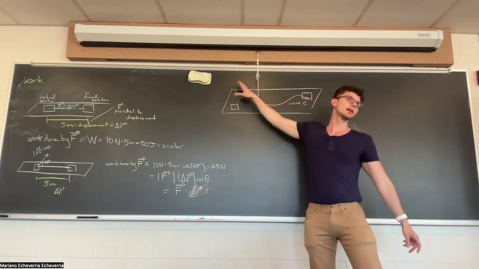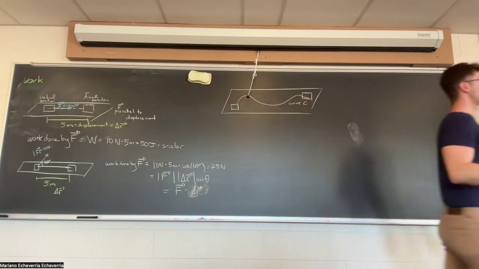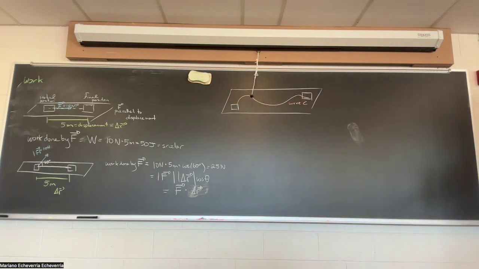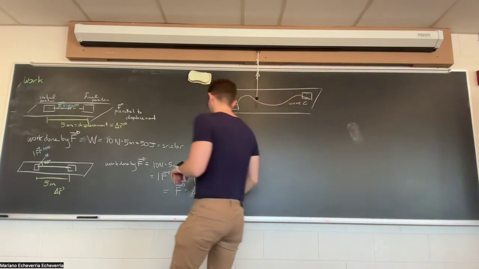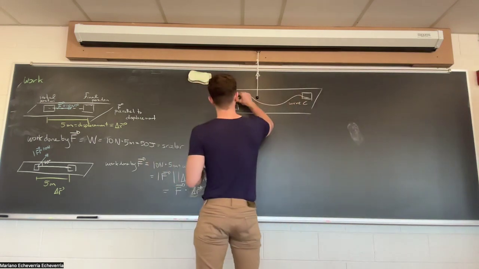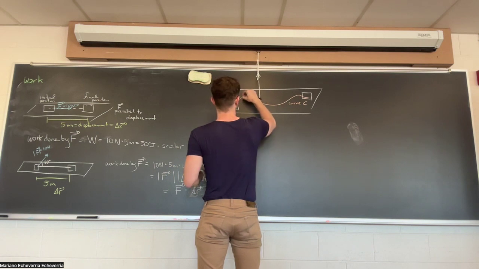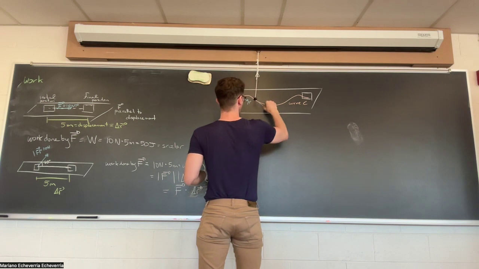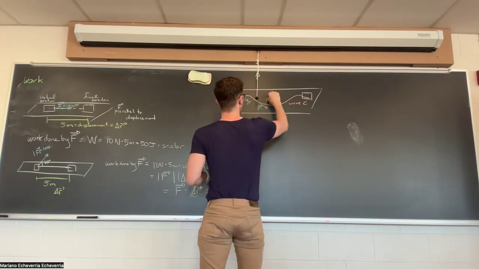Okay, so you're moving the box along the road, and then as you move the box, you may be applying a different force throughout the way, throughout the path. So maybe let me draw some arrows.